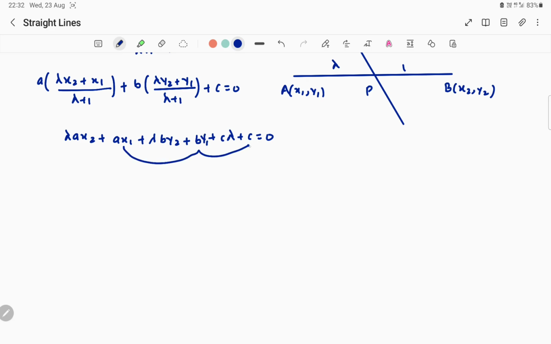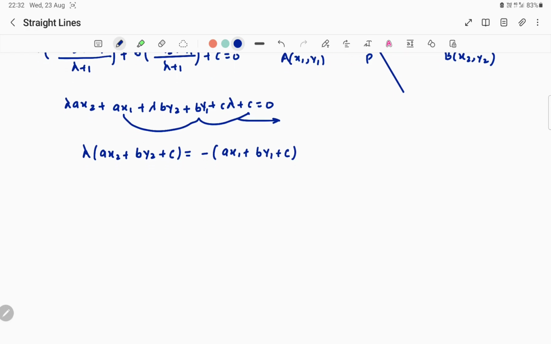Send these three terms on the right hand side. So you get lambda common, and you get a x2 plus b y2 plus c is equal to minus of (a x1 plus b y1 plus c). So lambda is minus of (a x1 plus b y1 plus c) divided by (a x2 plus b y2 plus c).